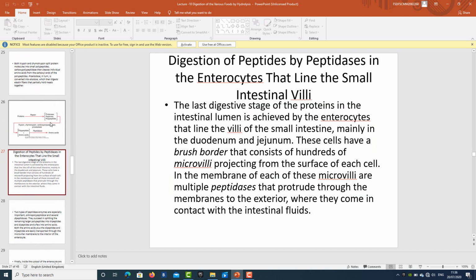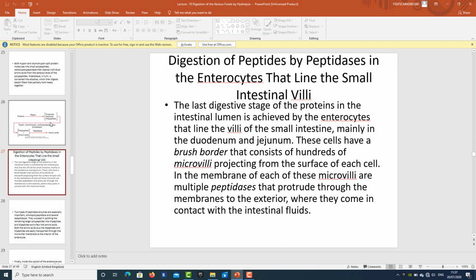Digestion of peptides by peptidases in the enterocytes that line the small villi of the gut. The last digestive stage of proteins in the intestinal lumen is achieved by the enterocytes lining the villi of the small gut. These cells have a brush border having hundreds of microvilli projecting from their surface.